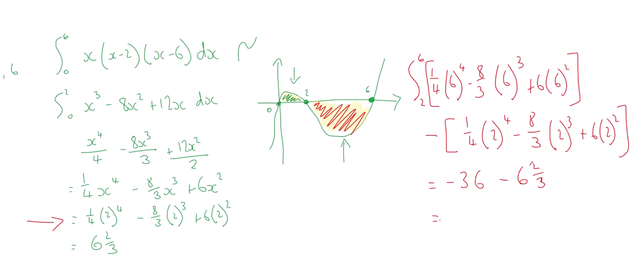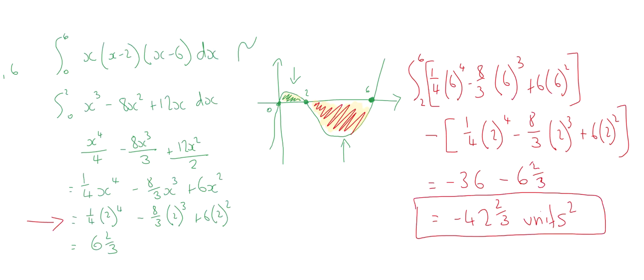So that gives you negative 42 2/3. And again, it's units. That is not what you write at all. Units squared. That is the area of the red bit. And then we've got over here the area of the green bit. So in total, what we need to do is add these two things together.